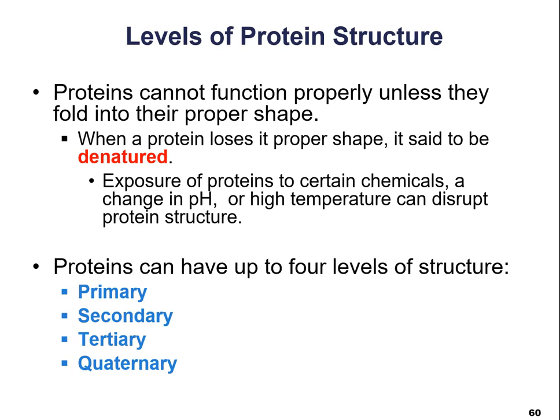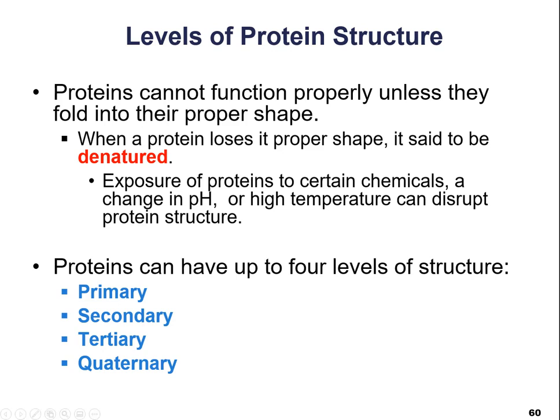Heat or a change in pH will disrupt protein structure. If we think about having a really high fever, a high increase in body temperature can start to denature proteins. You're in trouble if your proteins start to denature. We said almost all enzymes are proteins, and so if enzymes aren't able to function, none of those chemical reactions can function. Therefore it's going to severely disrupt the function of the cell, the function of the body.